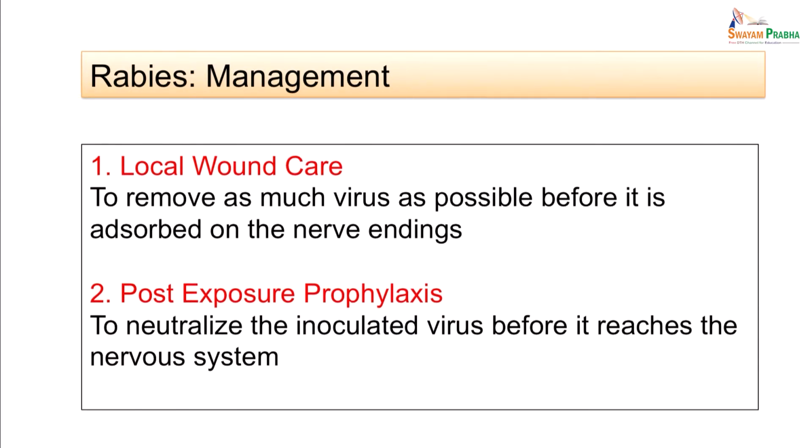And the second part in the treatment is to give the post-exposure prophylaxis so that antibodies are produced which will neutralize the inoculated virus before it reaches the nervous system. So, the basic aim of the management is to prevent the spread of the virus to the central nervous system either by inactivation or by neutralization of the virus with the help of antibodies.